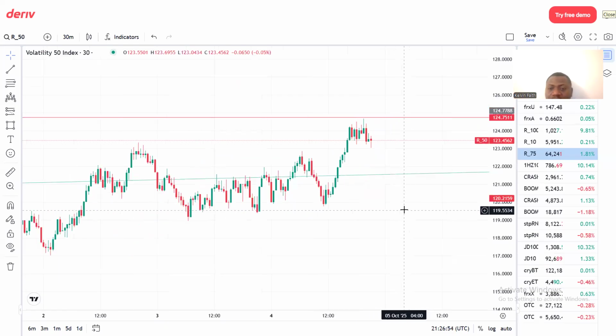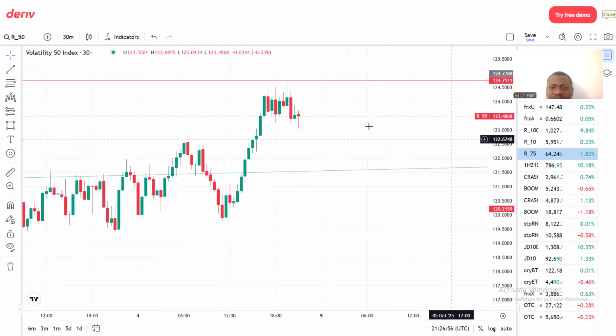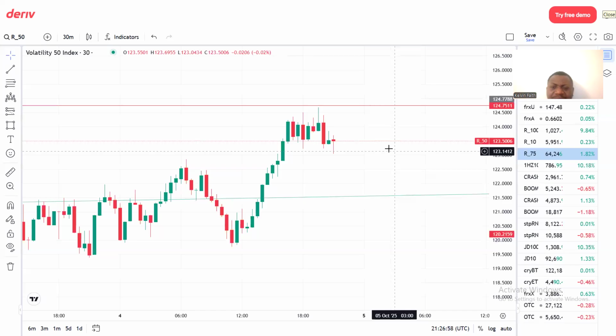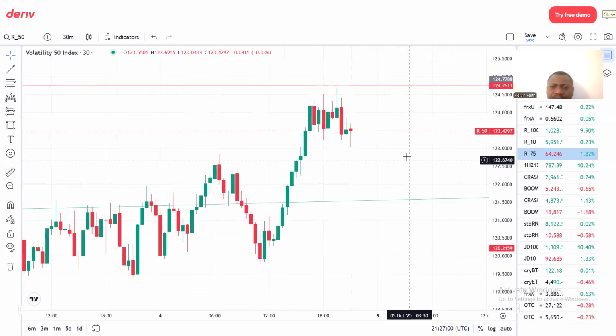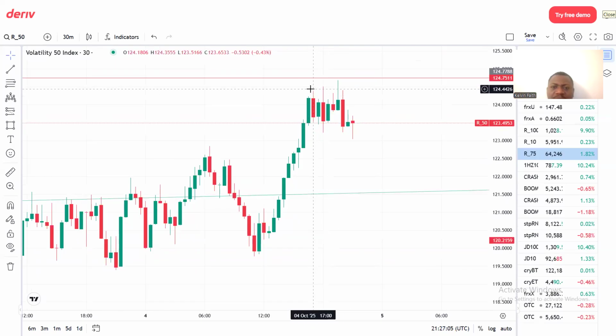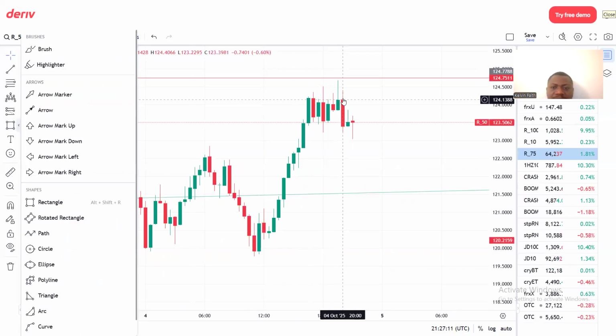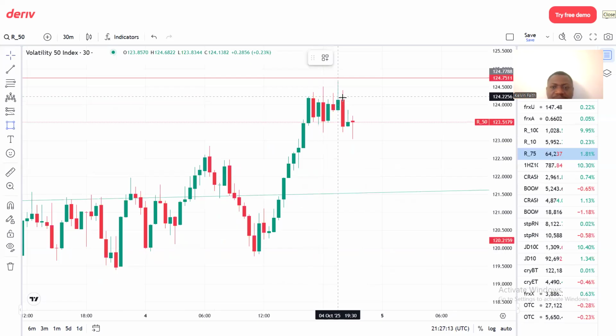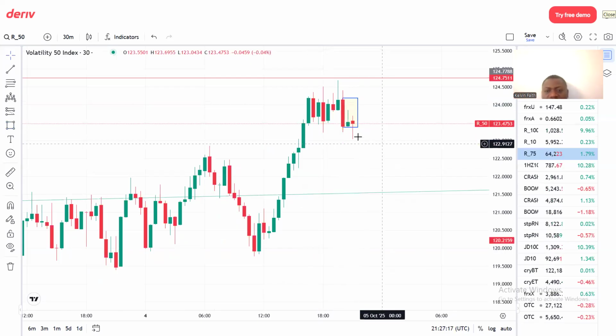But do we see any big engulfing 30 minute candle yet? It's only rejection, up, reject, up, reject, up, reject. And it's only this bearish engulfing that we've seen so far.